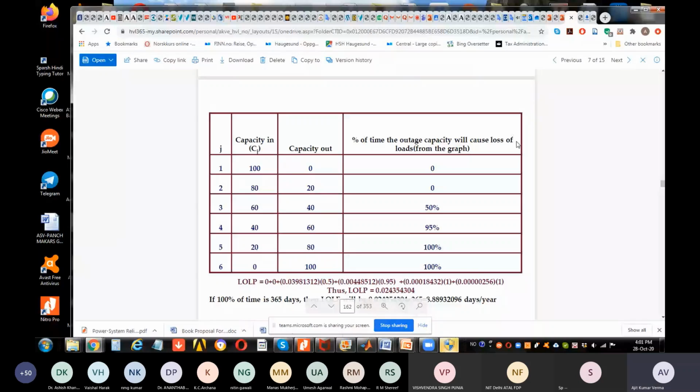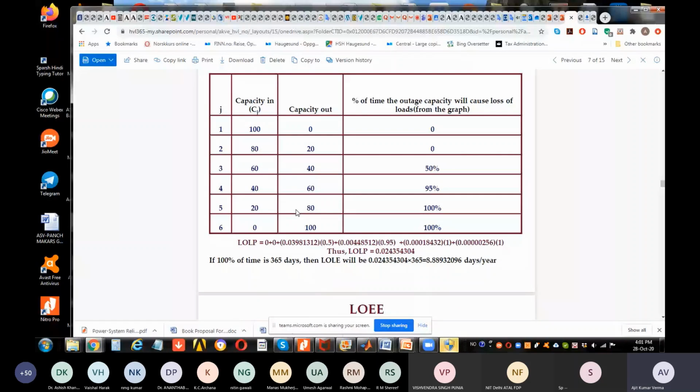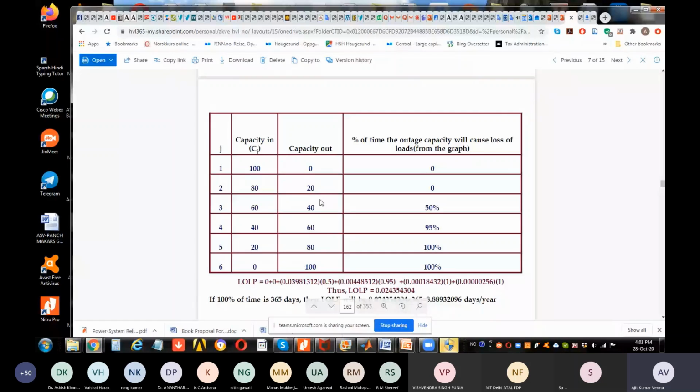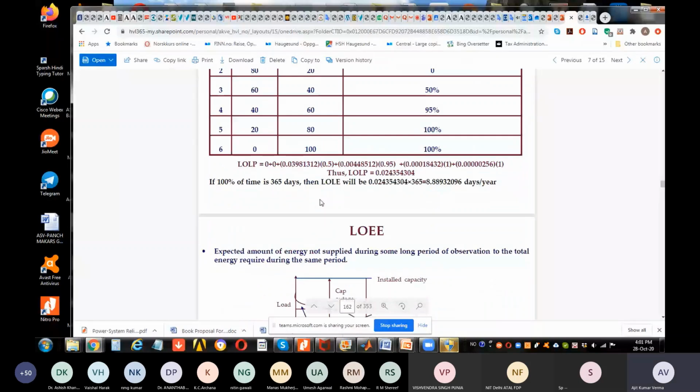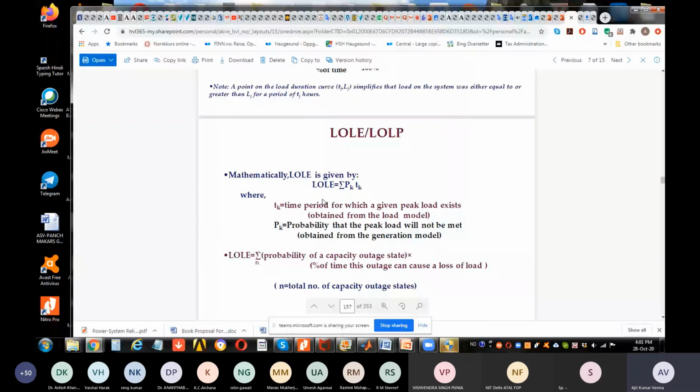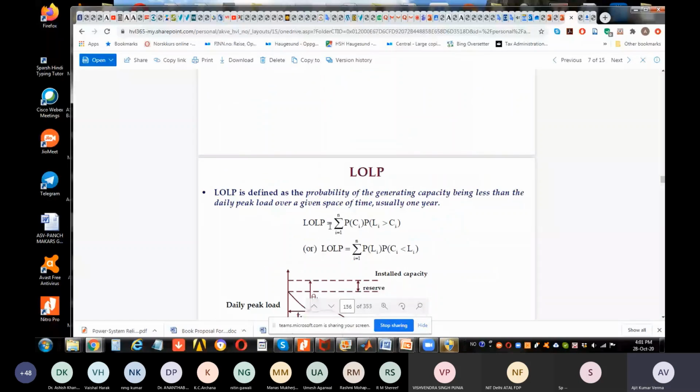Now we need to find out the loss of load probability. So you need to take the probabilities and multiply. You remember this expression? Either of the two, if you know the probabilities of the state capacities, or the load being more than the capacity, the percentages of time, and then these probabilities.